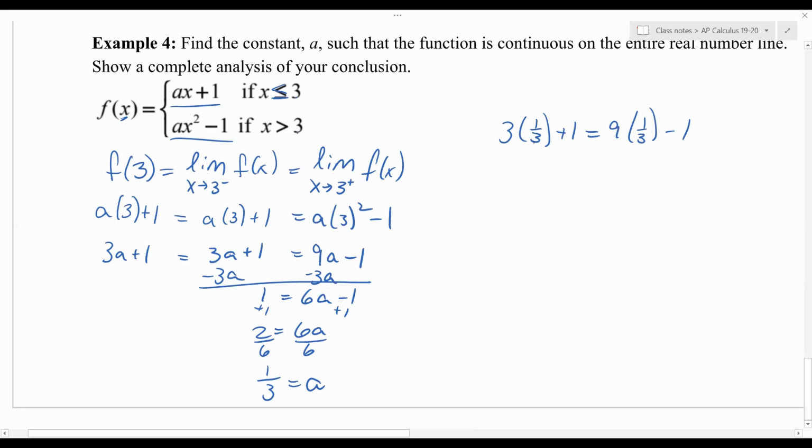So 3 times 1 over 3 is like 3 divided by 3. 1 plus 1. 9 divided by 3 is 3 minus 1. We get 2 equals 2. So if a were to be 1 over 3, the limit from the left, the limit from the right, and the value of the function would all be equal. So whenever you have continuity questions, make sure you check all 3 parts.